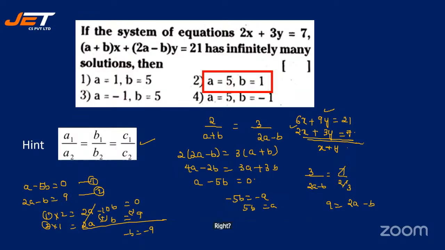So you have this as the first equation and this as the second equation. With these two equations, you can solve and get the values of x and y, and then check the answer also. It will tally. That is how we can say that this system has infinitely many solutions.